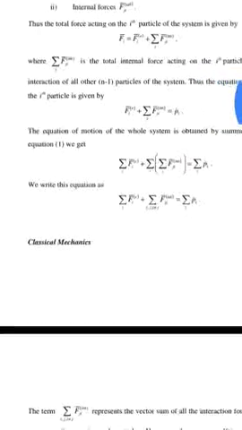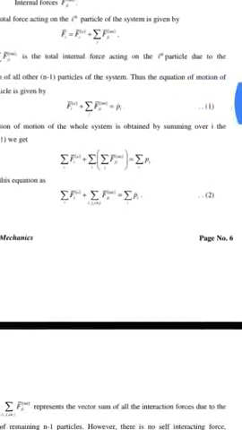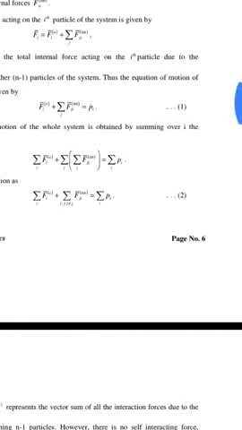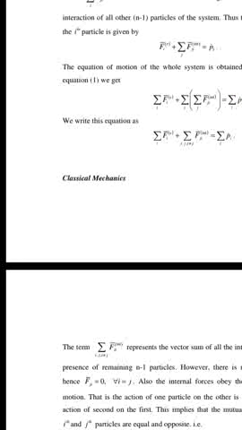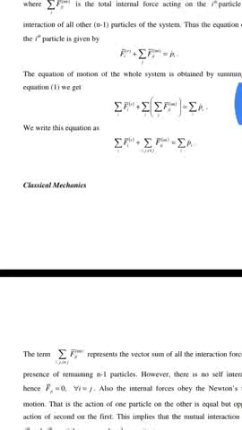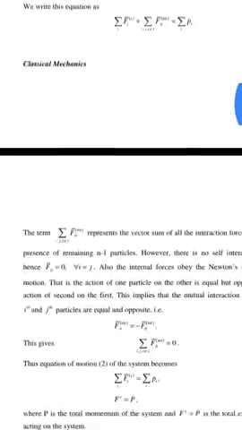The equation of motion of the whole system is obtained by summing over i. We get the sum of Fi plus the sum of Fji internal is equal to the sum of Pi dot.